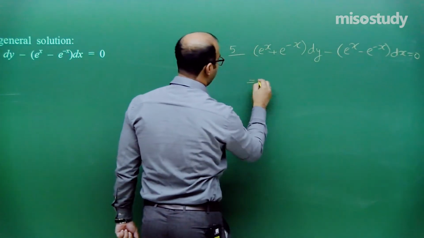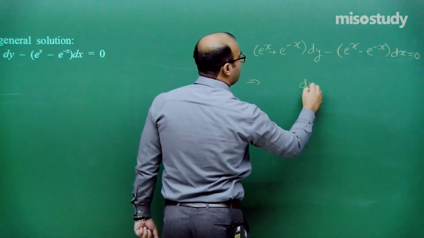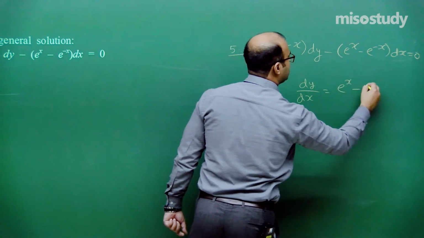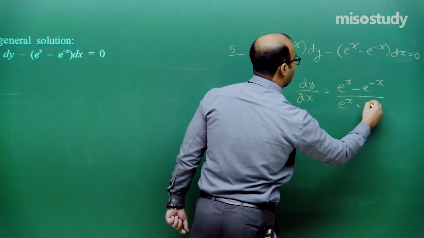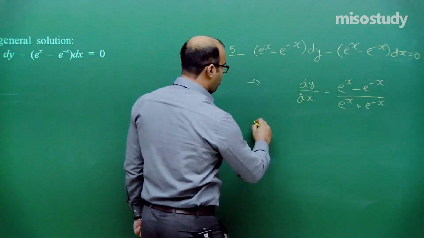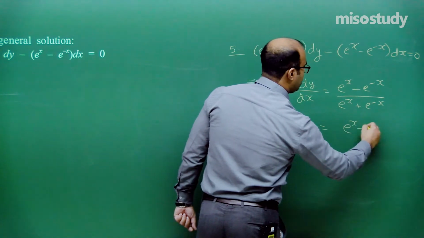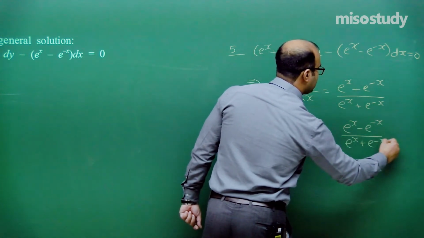We can take this term on the right hand side and divide, so dy by dx is (e to the power x minus e to the power minus x) divided by (e to the power x plus e to the power minus x). Now let us write it as dy is equal to (e to the power x minus e to the power minus x) by (e to the power x plus e to the power minus x) dx.